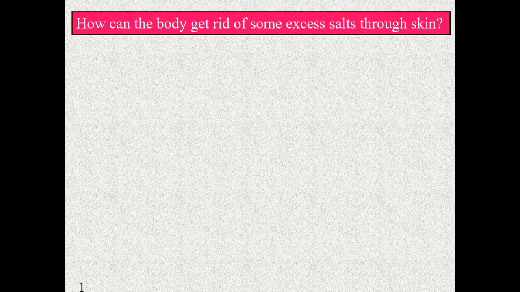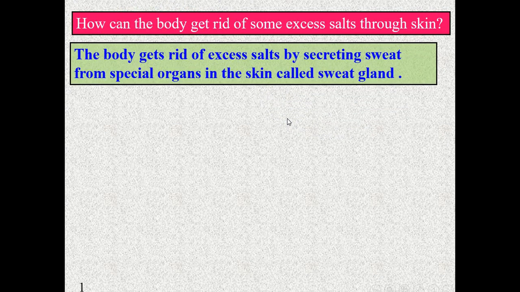How can the body get rid of some excess salt through the skin? The body gets rid of excess salt by secreting sweat from a special organ in the skin called the sweat gland.